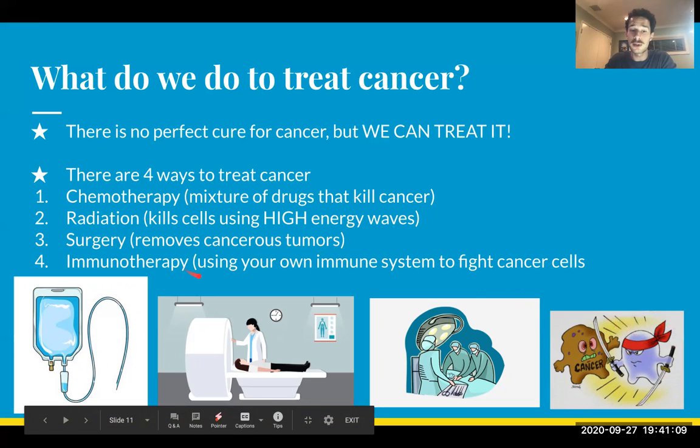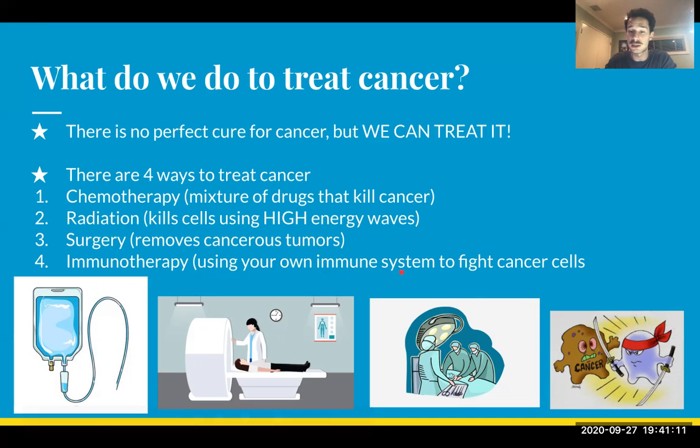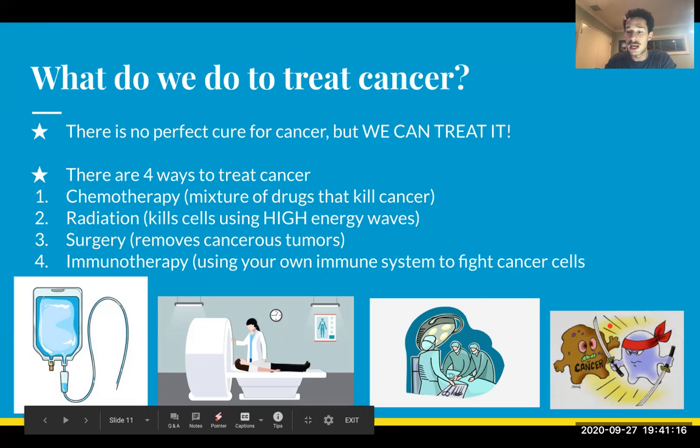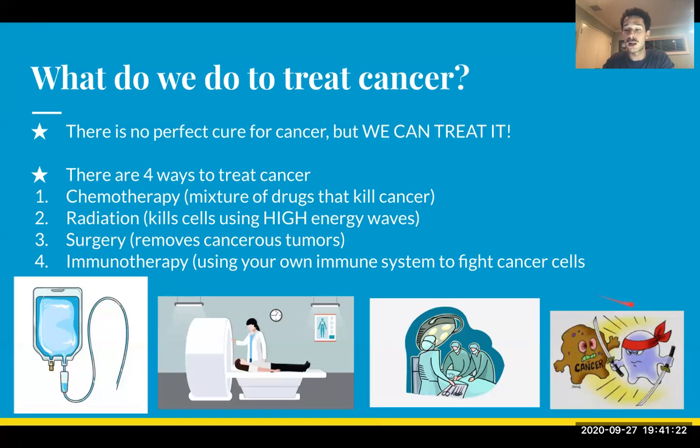So immunotherapy uses your own body's immune system to fight cancer cells. Here is a cartoon of a cancer cell, and here is an immune cell in your body that is fighting that cancer cell. So doctors can help you fight cancer with your own immune system. That's the fourth way of treating cancer.